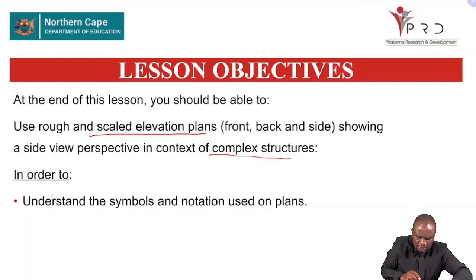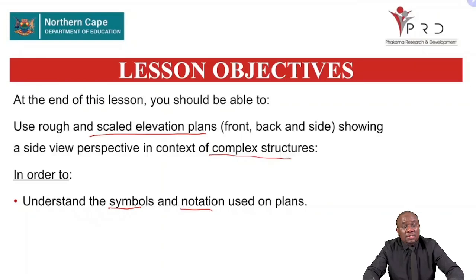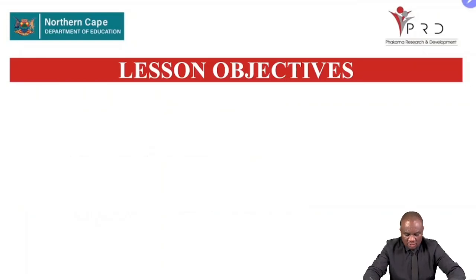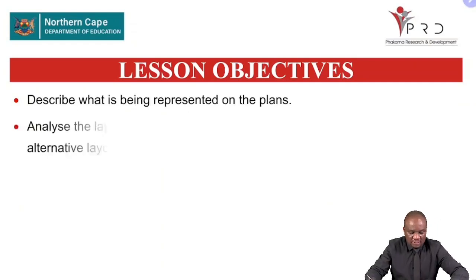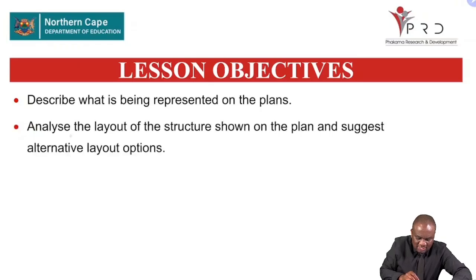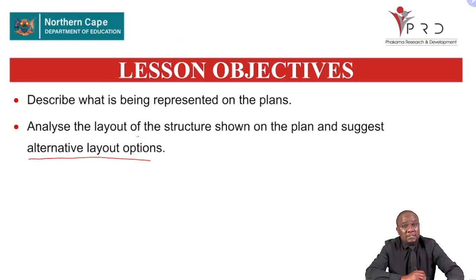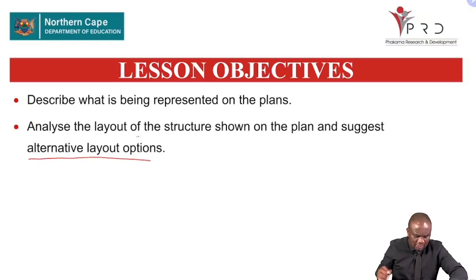We're doing this in order to understand symbols and notation used on plans, and then also describe what is being represented on the plans. And then we're going to analyze the layout of the structure shown on the plan and suggest alternative layout options.